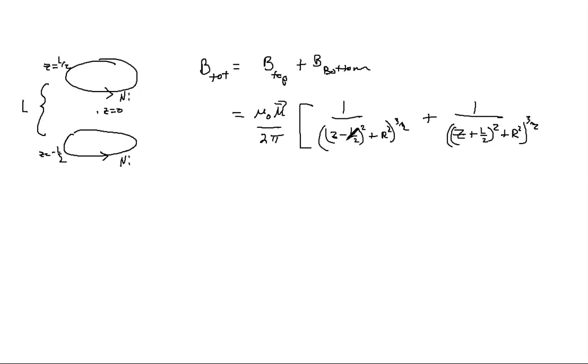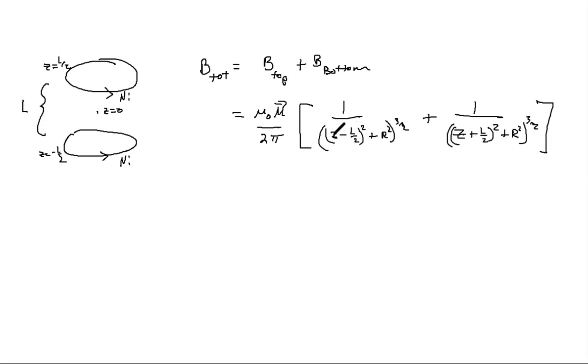You can see here, this is from the top coil because I've subtracted from Z, which has the effect of moving the loop up. And over here, I've added to Z, which has the effect of moving the loop down. And that's the full answer for the Helmholtz coil. However, it doesn't really explain why this particular configuration might be useful.